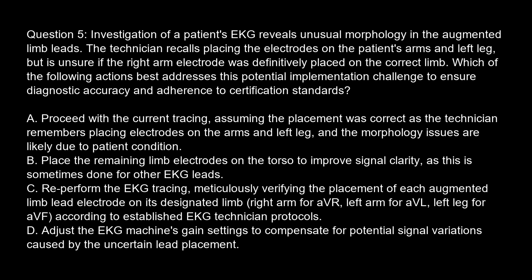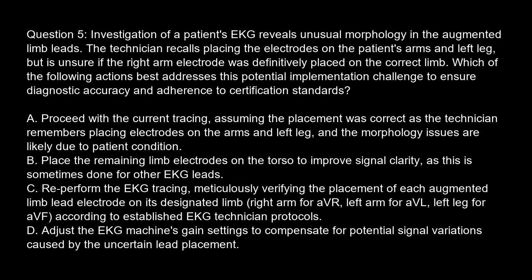Option A. Proceed with the current tracing, assuming the placement was correct as the technician remembers placing electrodes on the arms and left leg, and the morphology issues are likely due to patient condition. Option B. Place the remaining limb electrodes on the torso to improve signal clarity, as this is sometimes done for other EKG leads.